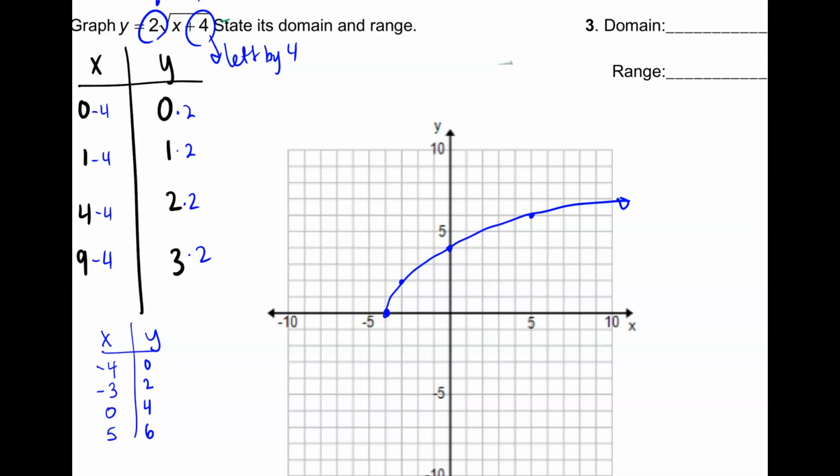I'll have a number in front of the square root, x plus or minus a number, and then plus or minus a number at the end. That covers horizontal translation, vertical translation, a negative that would flip it, or a number that would multiply it. I'm not trying to make it super difficult; I want it to be as straightforward as possible.